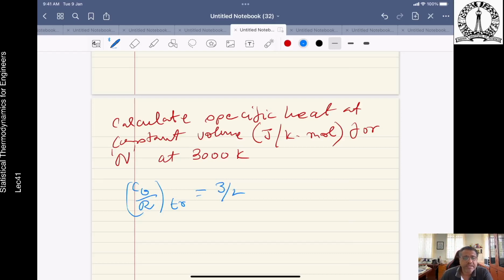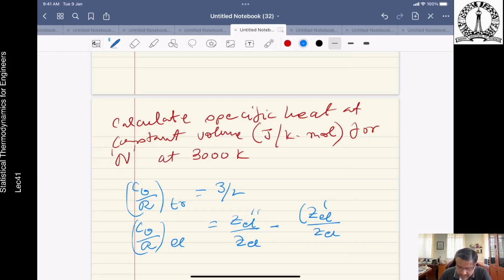You know that already. Now the electronic mode, Cv by R electronic, is given as Z_el double prime Z_el minus Z_el prime squared, divided by Z_el squared.